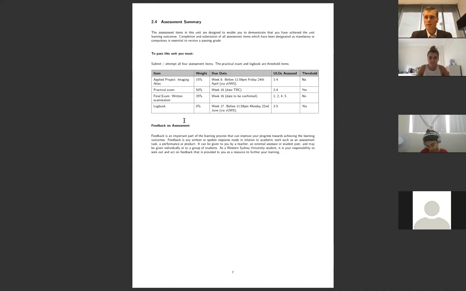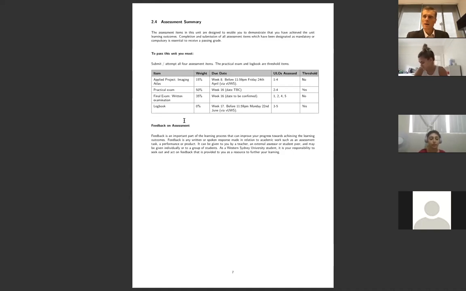The logbook is another important thing. Via the View site, you'll be able to see an exemplary logbook, that is to say an example of one that's been kept. The logbook, as you'll be able to read in the learning guide, has two parts. One of it is a record of the ultrasound exams, the echo exams that you observe and then over time complete yourself.